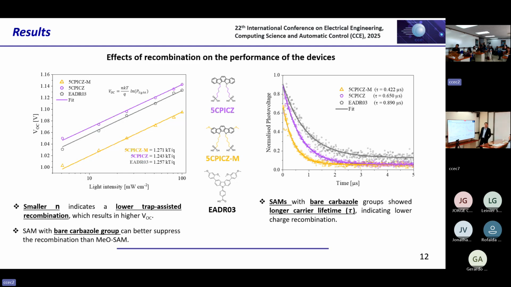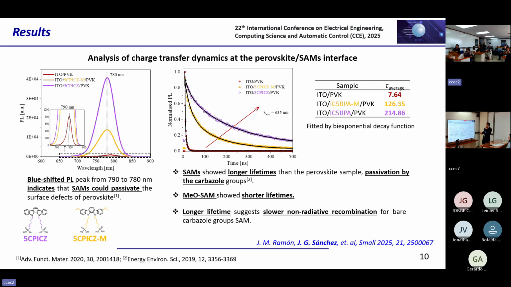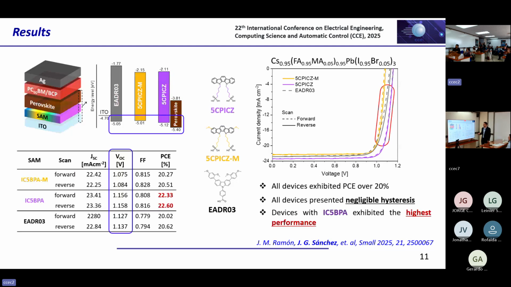Why is that not reflected in the efficiency? I don't remember right now, but it depends on the recombination and also the extraction. In this one I didn't show it, but I think we measured the hole mobility.